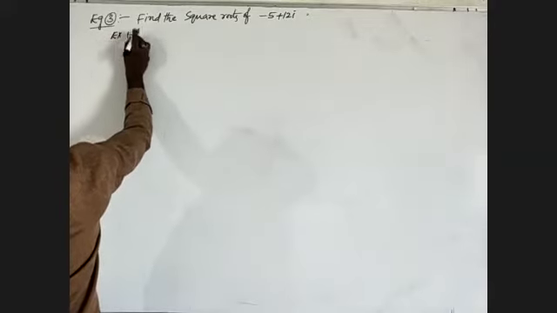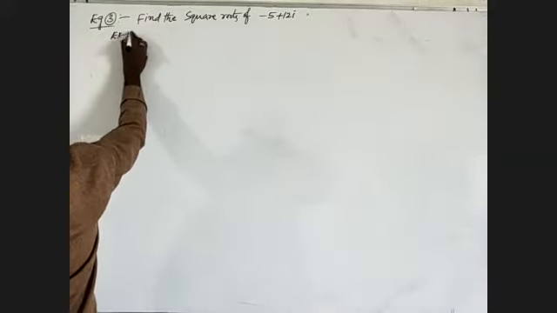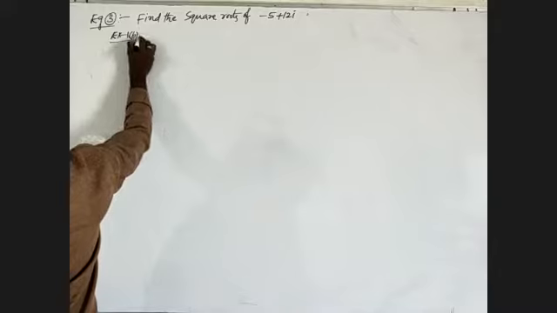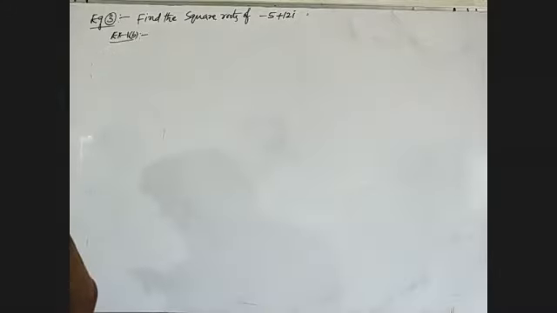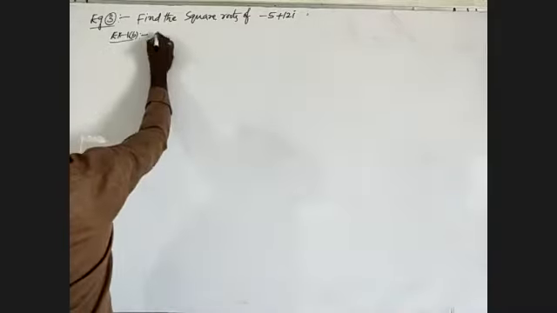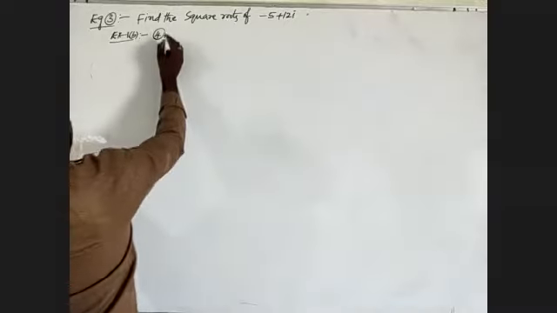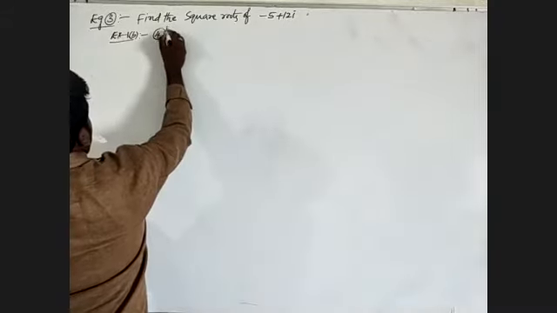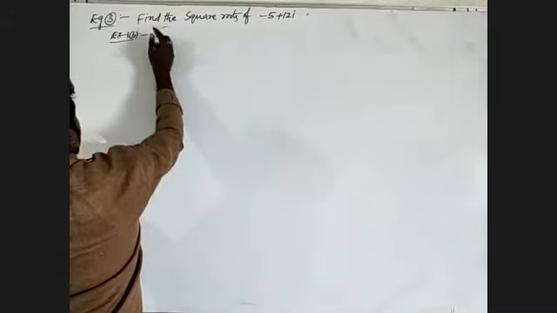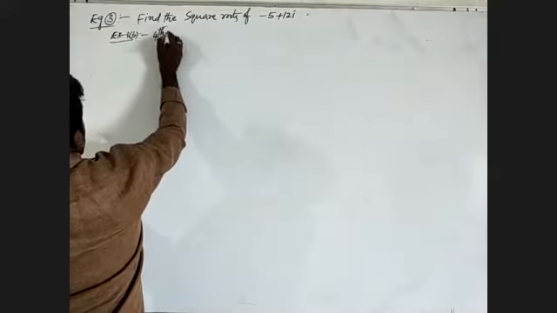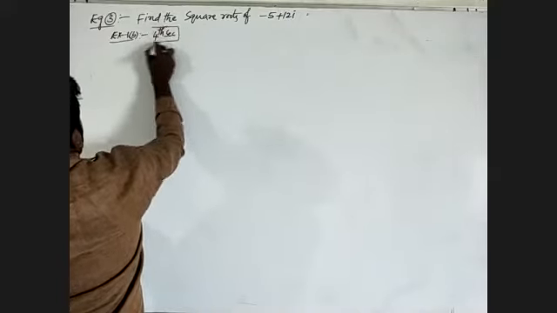In exercise 1B, the fourth section also asks to find the square root. Here, 4 problems are given. In exercise 1B, fourth section, we have 4 problems.